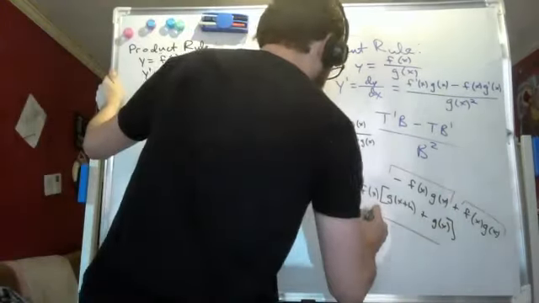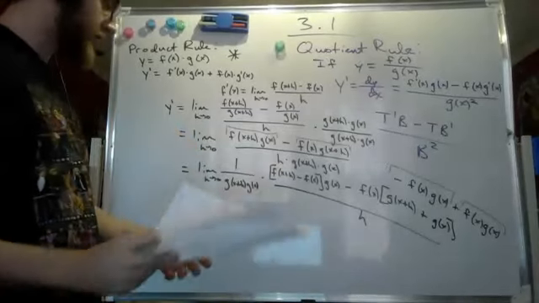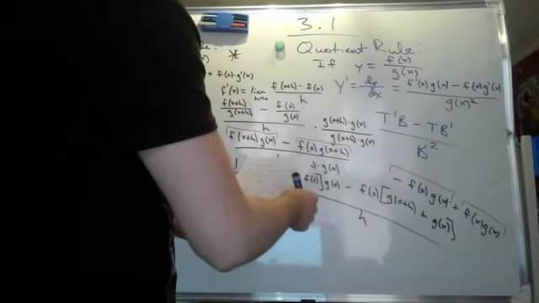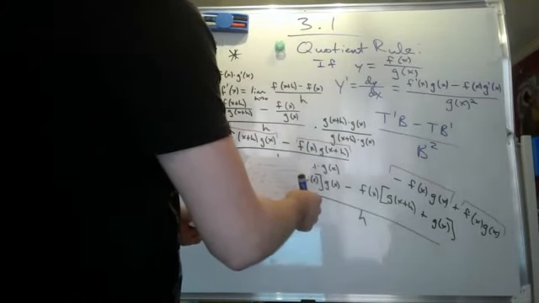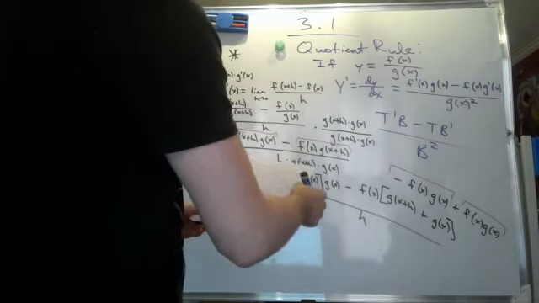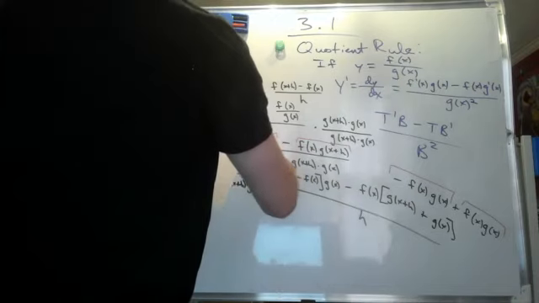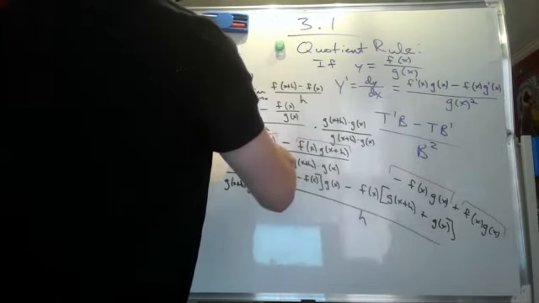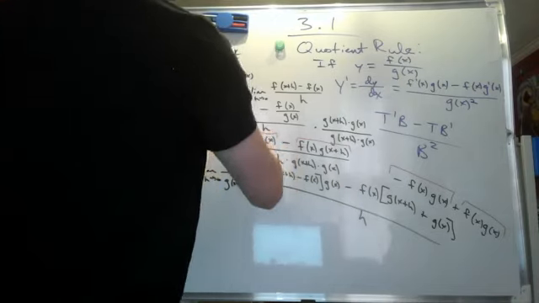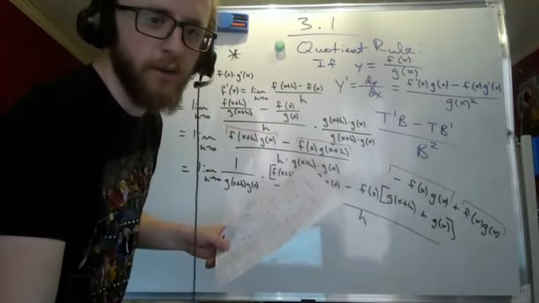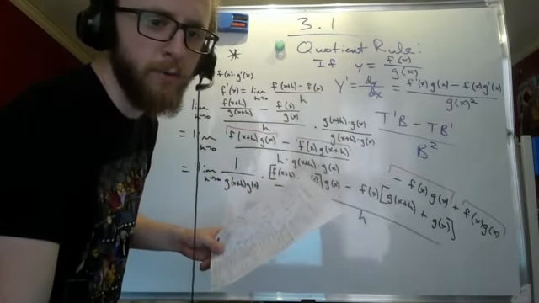And this is all divided by h. Now let me just double check here, make sure I'm still following along correctly. Yeah, f of x plus h minus f. Let me just double check what we got here, make sure that I'm happy with what we have so far.